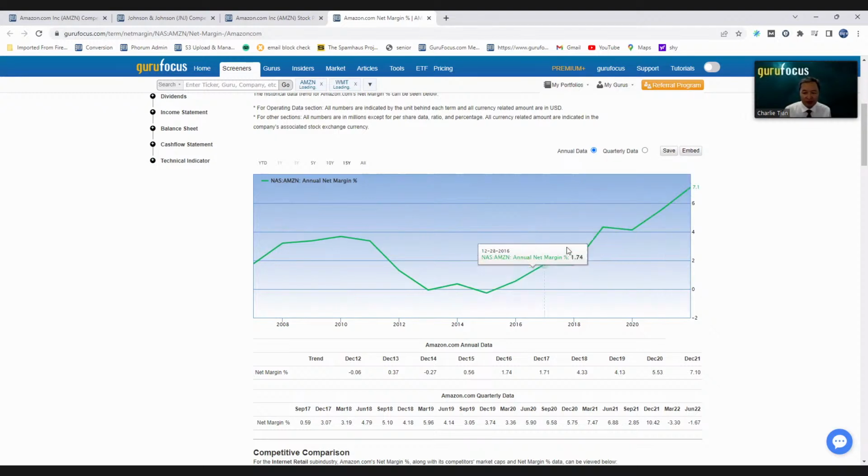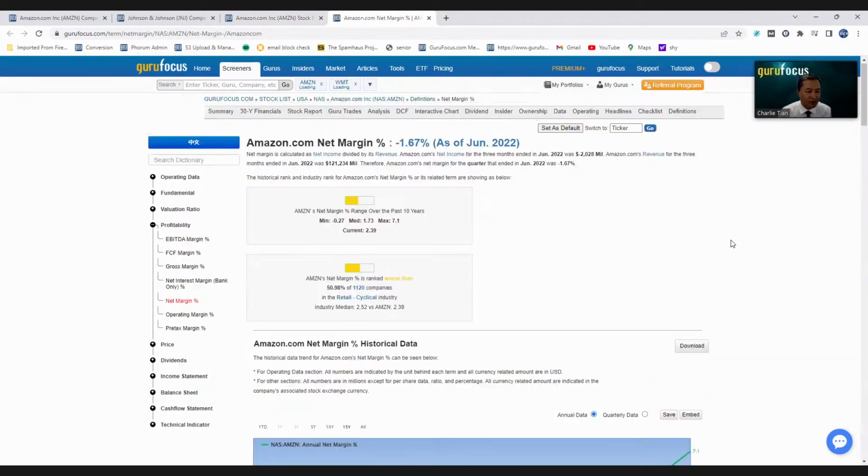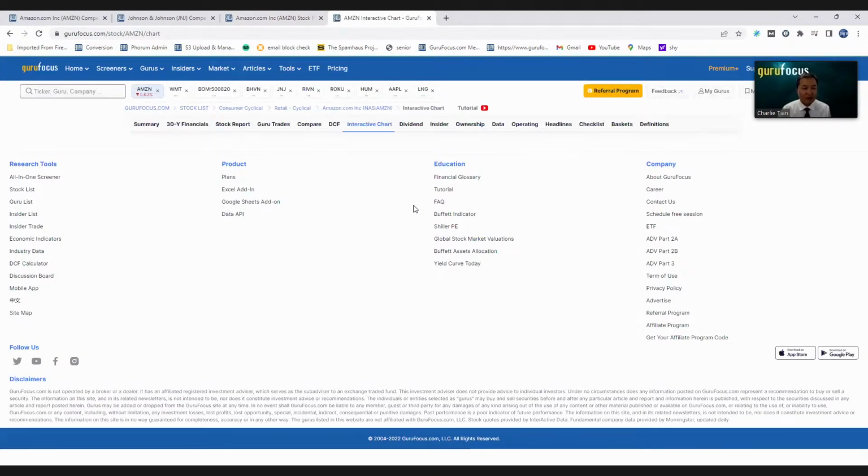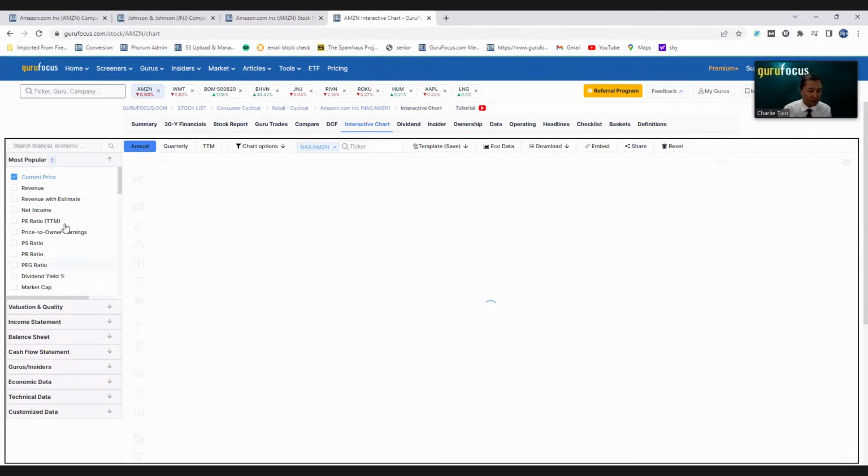But over recent years, the profit margin of Amazon is going up quite quickly. So margin is expanding. So in this kind of case, PE ratio is not a very good indication of Amazon's valuation, and especially let's look at a long-term chart, and let's look at the interactive chart here.